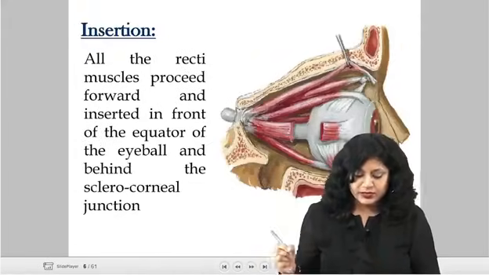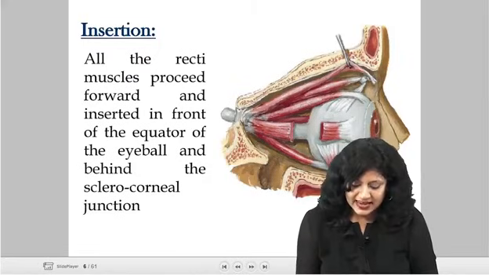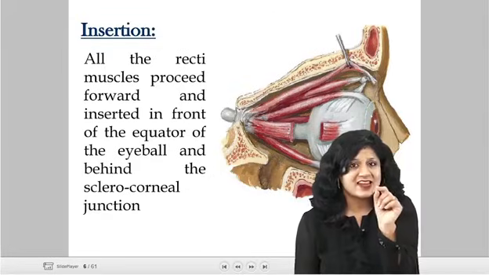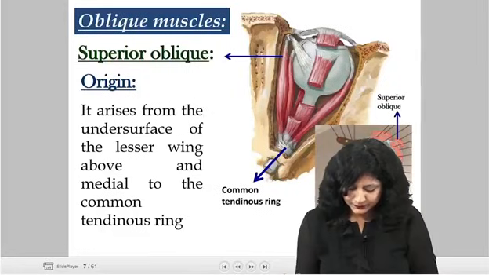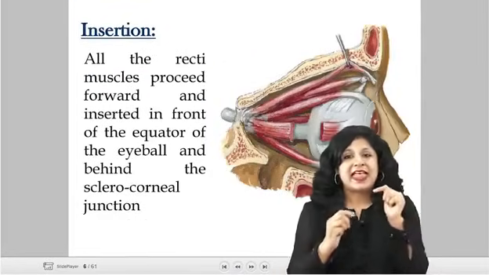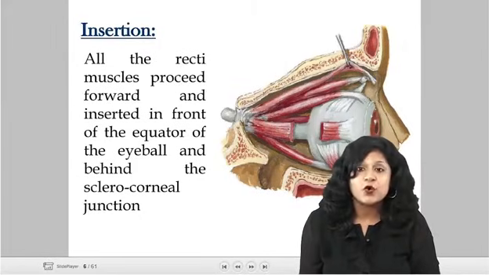Now if you look at the insertion of these muscles, can you see this area? This is the annulus of Zinn, lying at the apex of the orbit, and then the muscles go and insert over this eyeball.